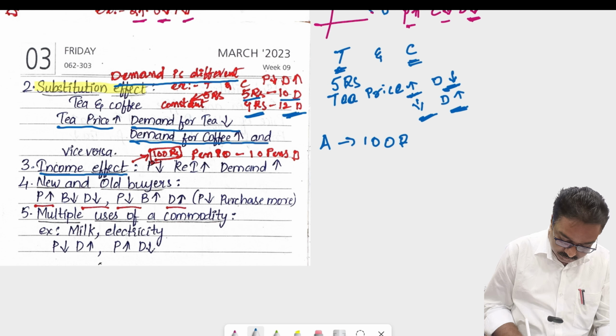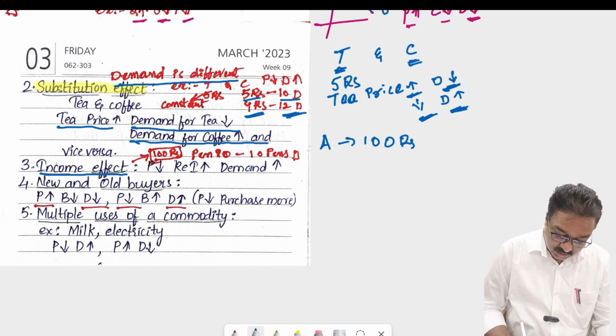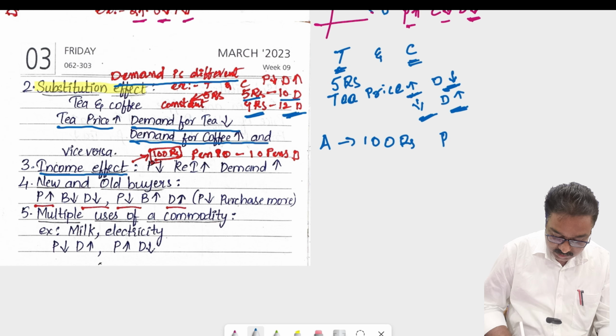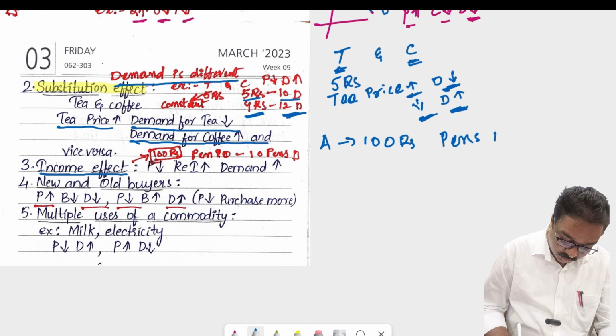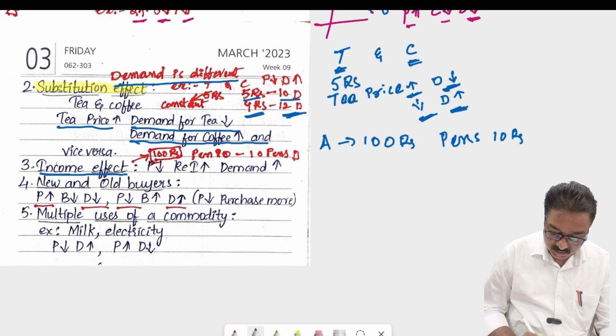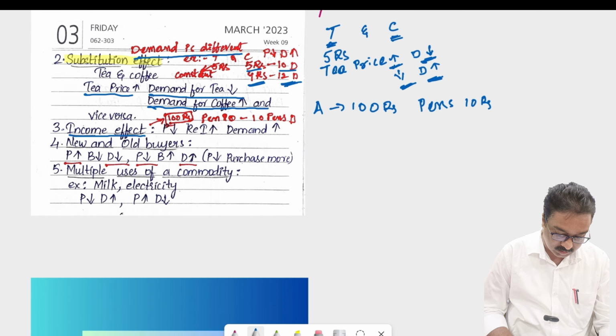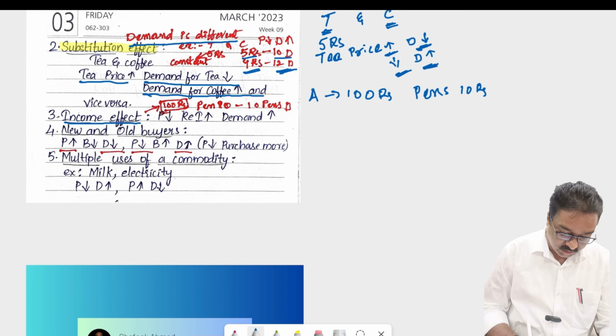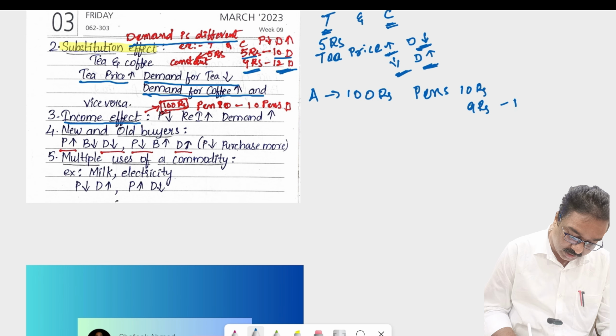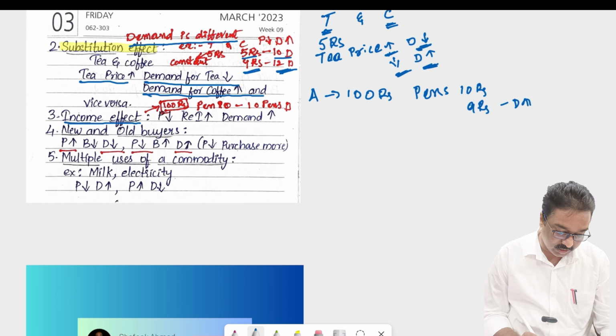He wants to purchase pens. Each pen's price is 10 rupees. For example, the pen price decreases to 9 rupees, automatically the demand also increases.